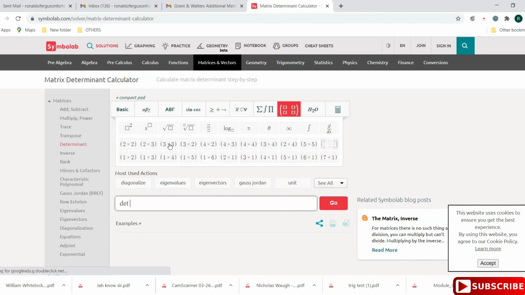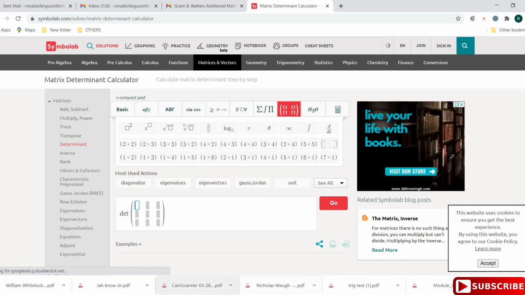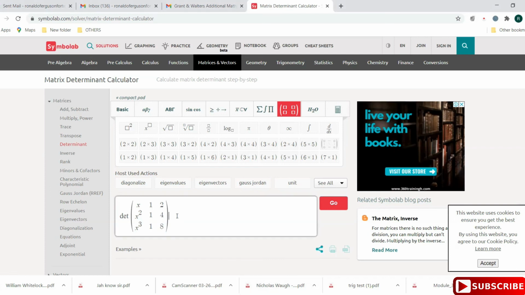The 3 by 3 was x, 1, 2, then x squared, 1, 4, then x cubed, 1, and was it 8? Let me check back. Yes. And then we were solving this equals 0. It will solve for x for us.